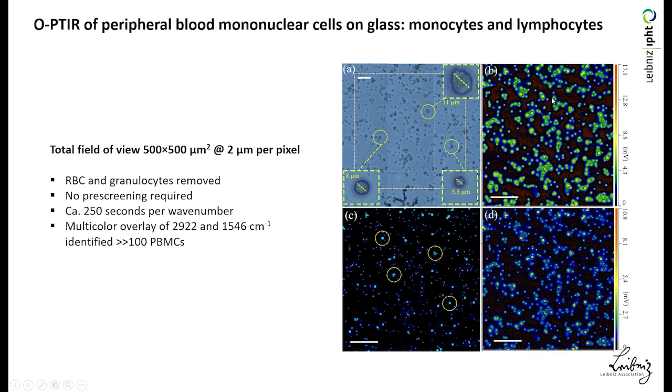We also selected 2922 and 1546 as wave numbers, and then several hundreds of PBMC were identified. So it was no problem to select cells for O-PTIR spectroscopy. We generated an RGB image to give a better correlation with the white light image.